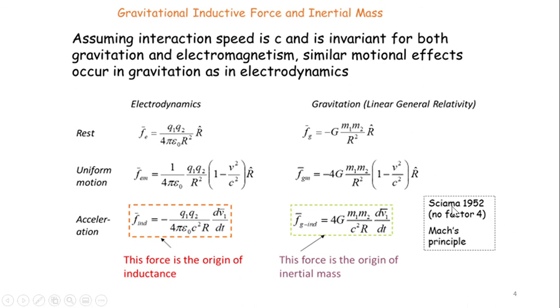Sciama was the first one to quantitatively explore this force and found that it gives a substantial contribution to inertia. However, he neglected this spurious factor 4, which cannot be obtained from direct transcription, but is a result from general relativity. This is in line with Mach's principle because of this 1/distance dependence here.